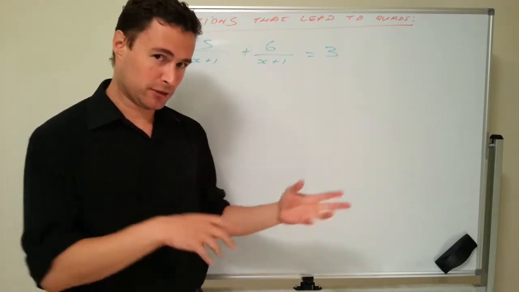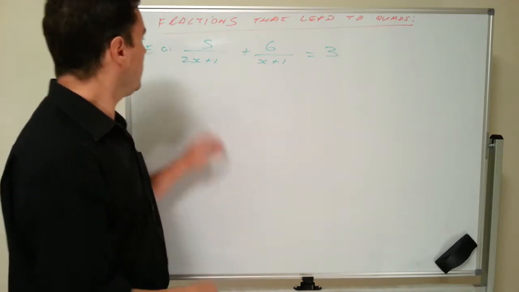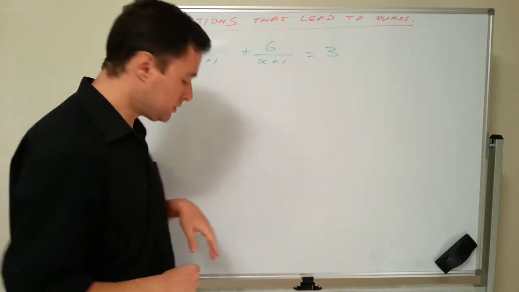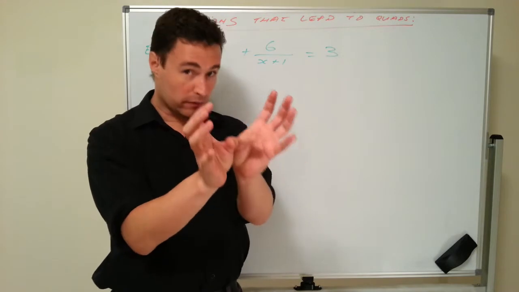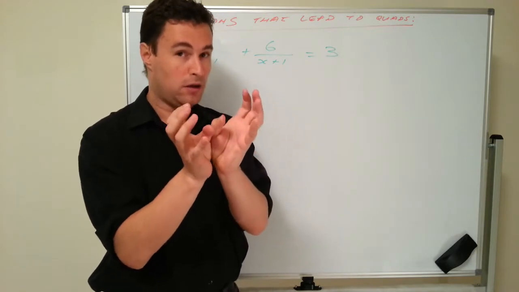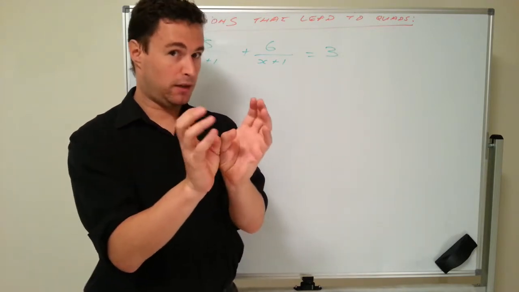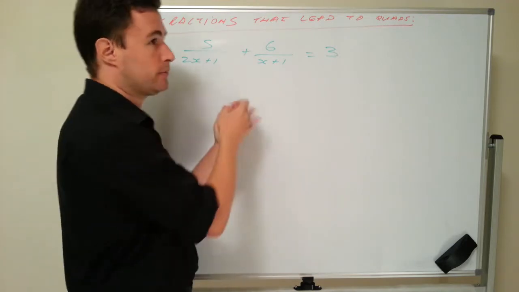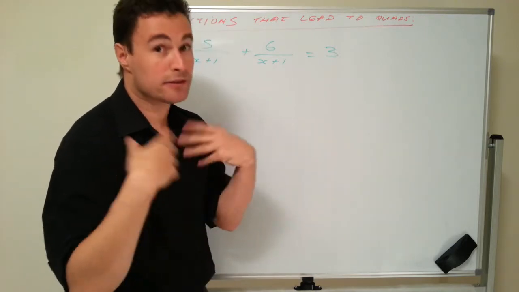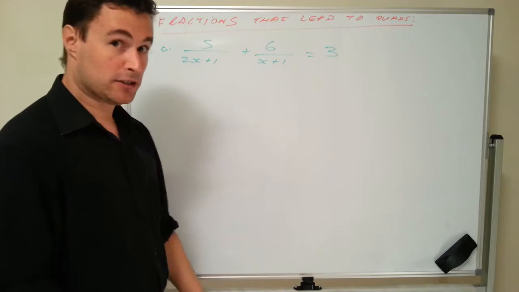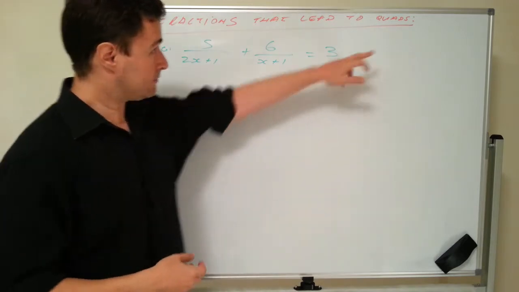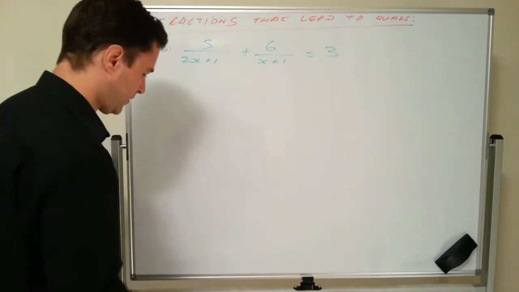Binomial, two terms. Bicycle, two wheels, binomial, two terms. As soon as I find the lowest common denominator of the two different binomials, which is just the two binomials multiplied together, I'm going to get 2x times x, which is going to result in x squared. So that's where the quadratic is going to come out.